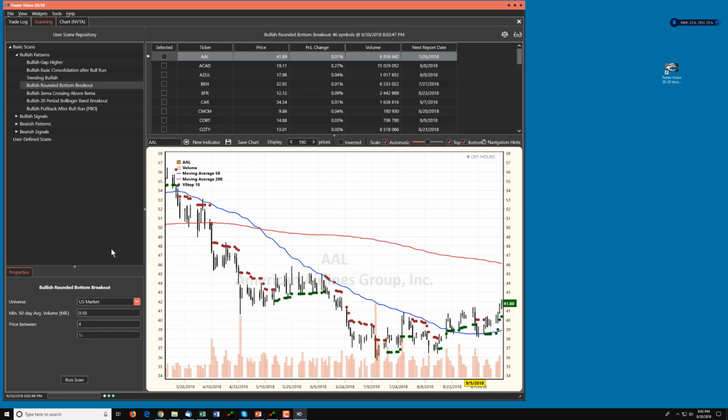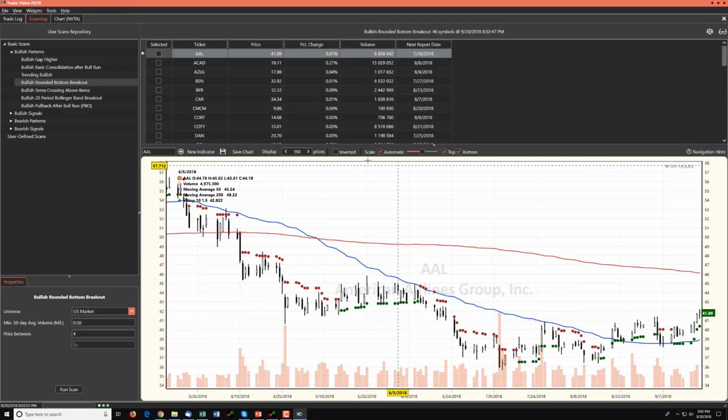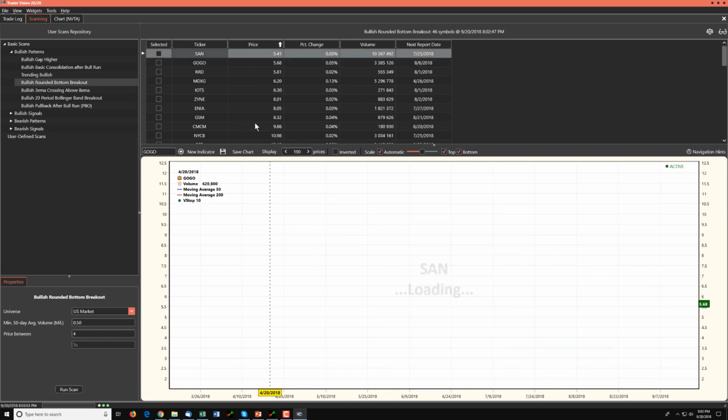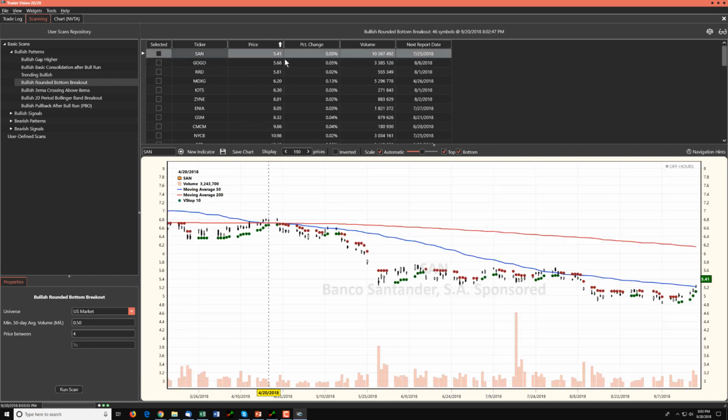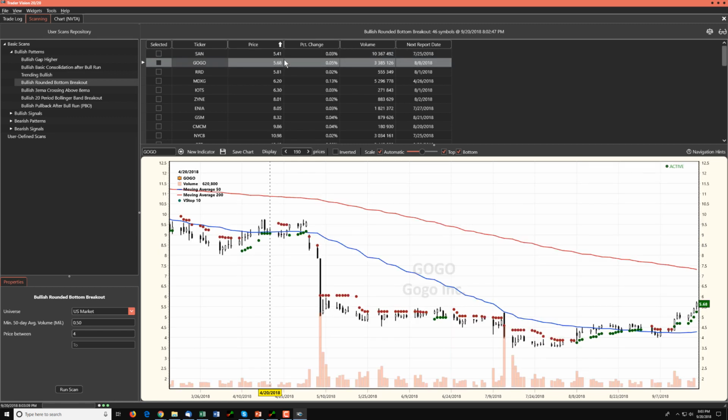Then you just click Run Scan, and I'll make this larger so you can see. It pops up the results for you. You can use your mouse, you can use arrow keys to then just page down through the results.